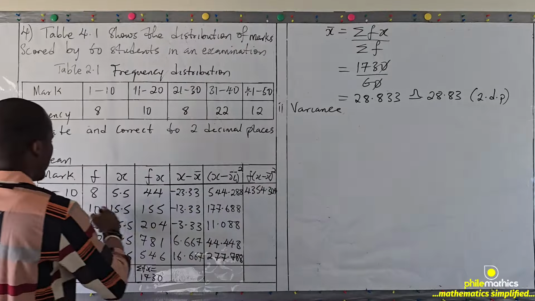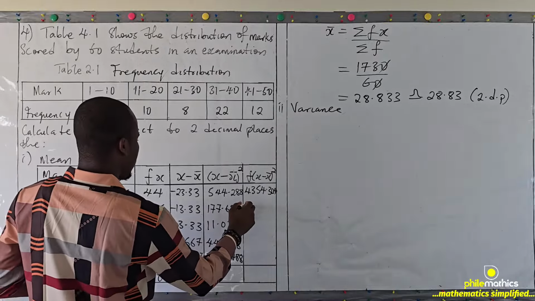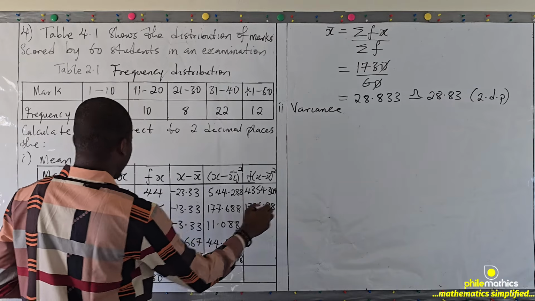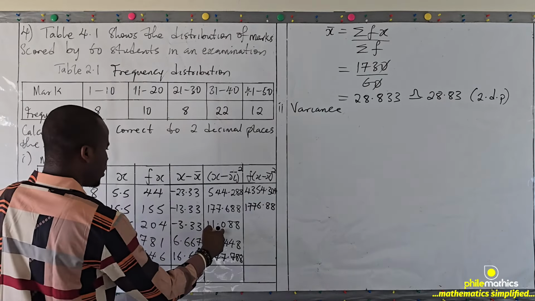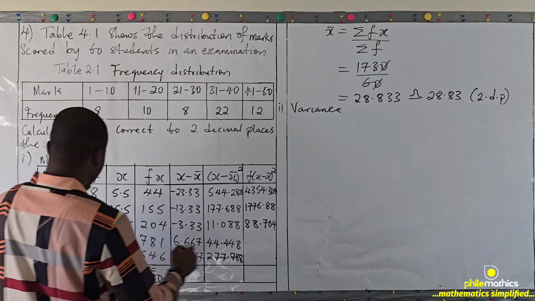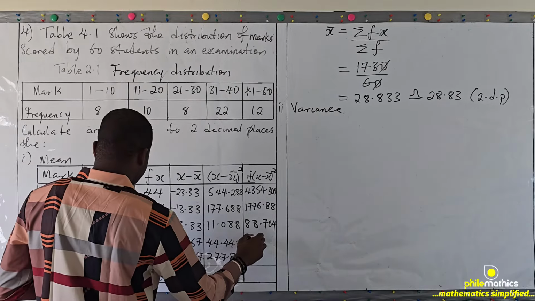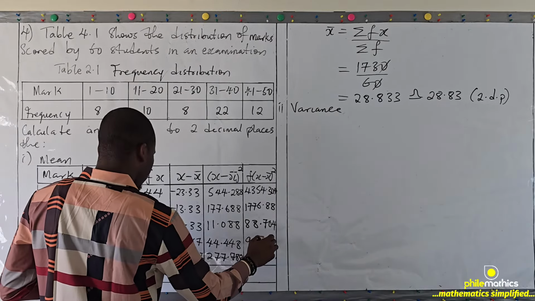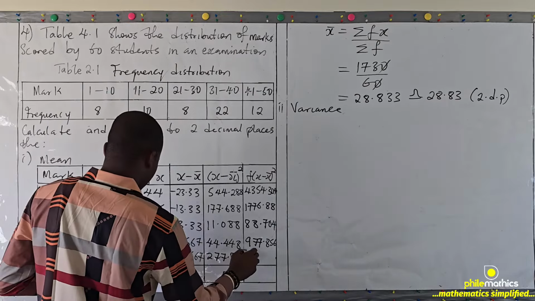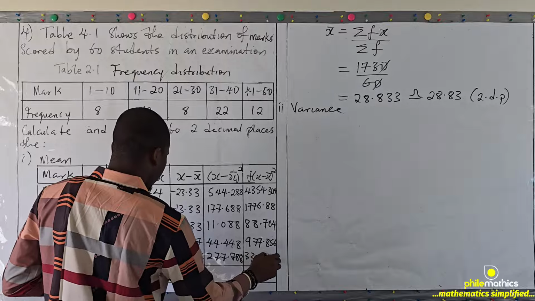10 times this is simply 1776.88. 8 times this is 88.704. 22 times this is 977.856. 12 times this is 3333.456.